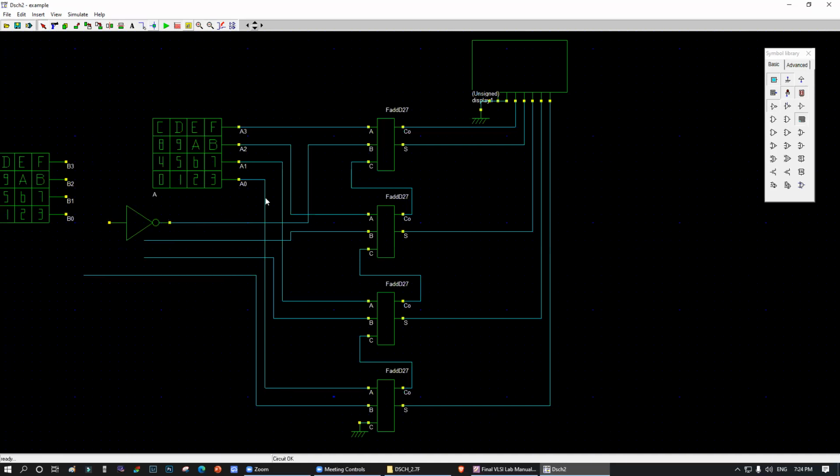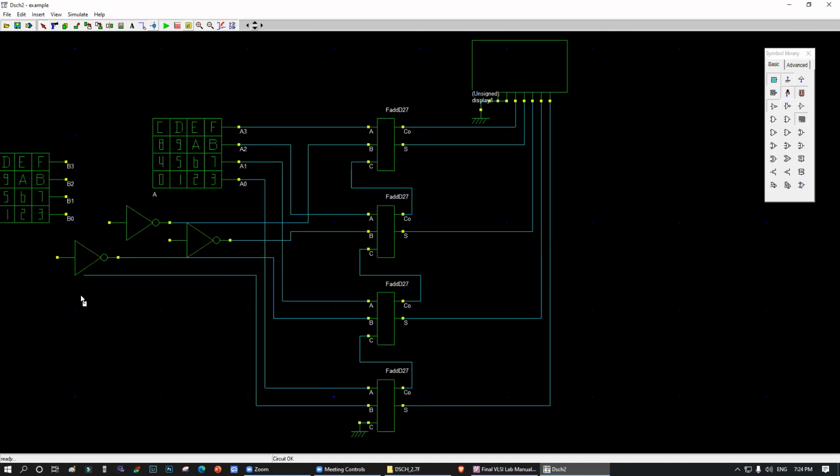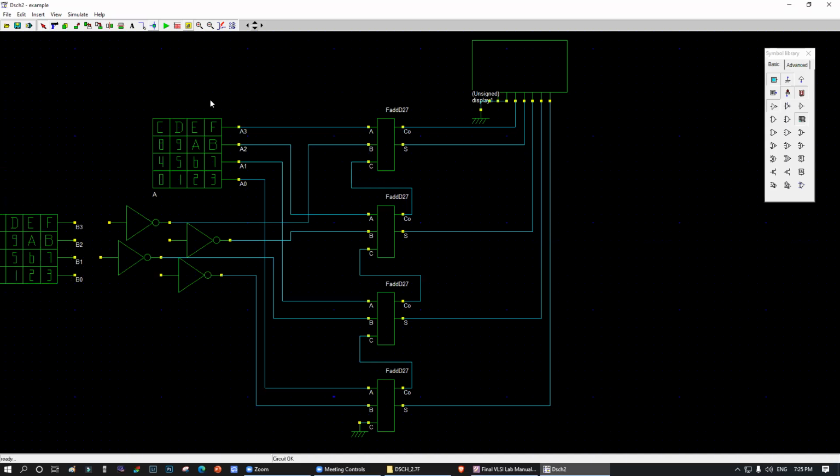1 will be here. Let's make it here. So B3 is bar, B2 is also bar, B1 is bar, B0 is bar.